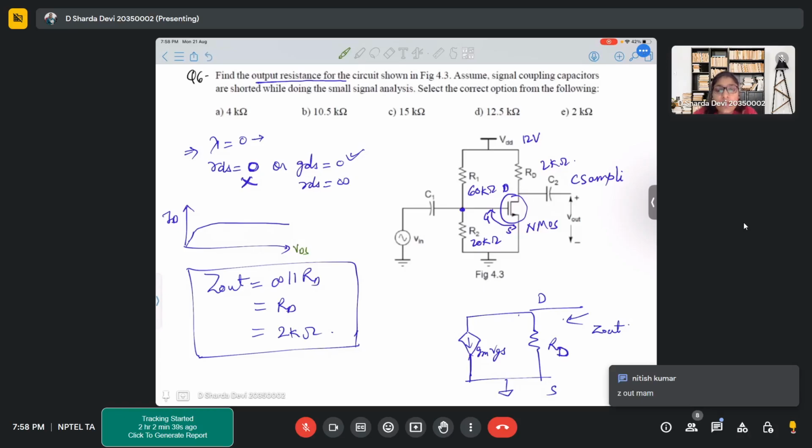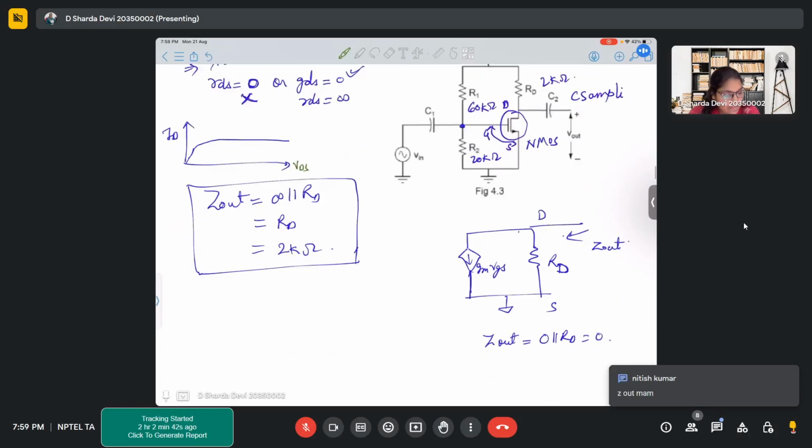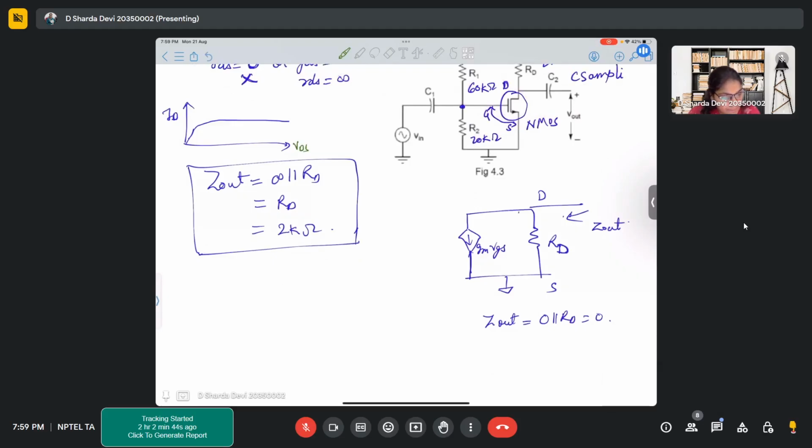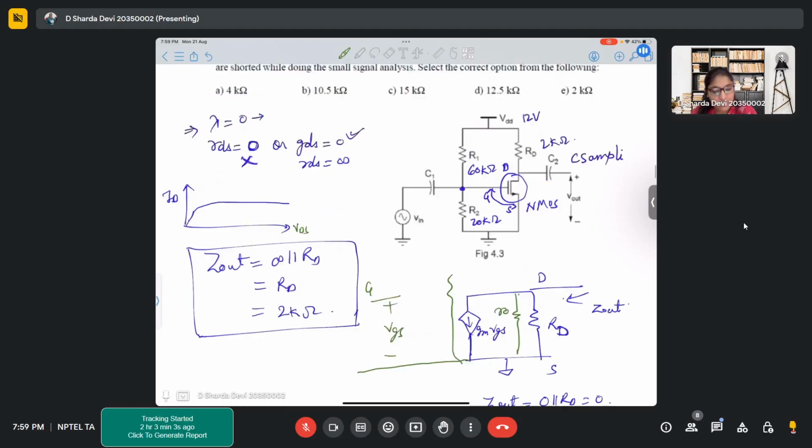Z out. Oh, okay. So, see, when we make a small signal model, this is how the output side looks, right? So we have gmVGS, RD, and let's say we will have some R0 over here. But in the question, it was given that lambda is 0. Lambda is 0, that means the slope that we talk about in practical scenarios is 0.